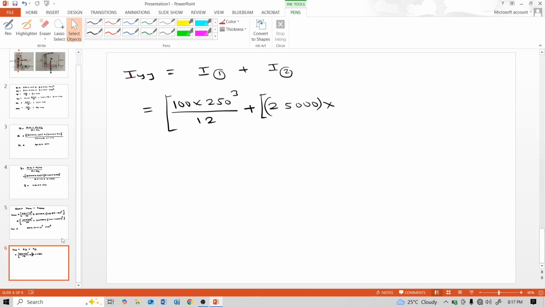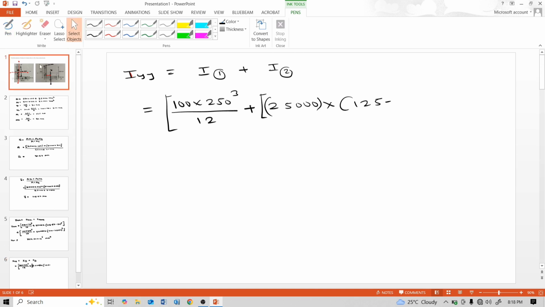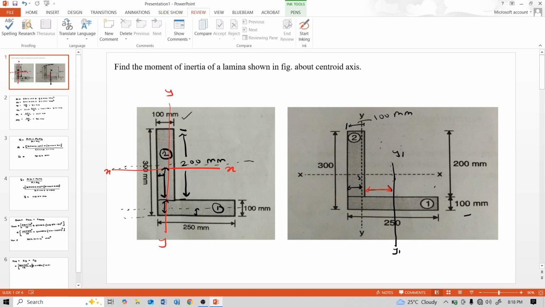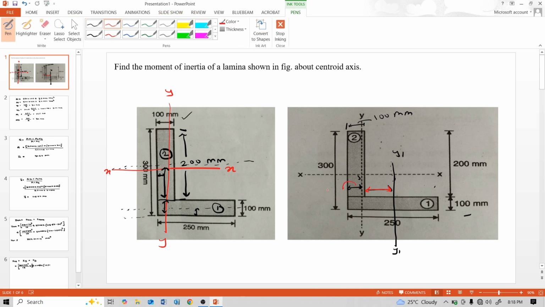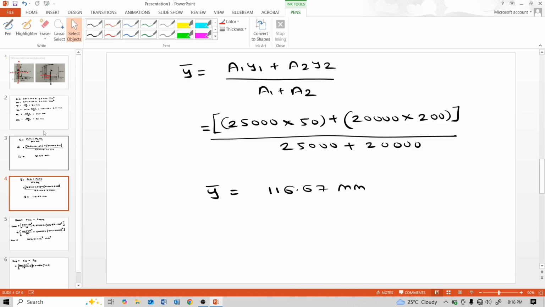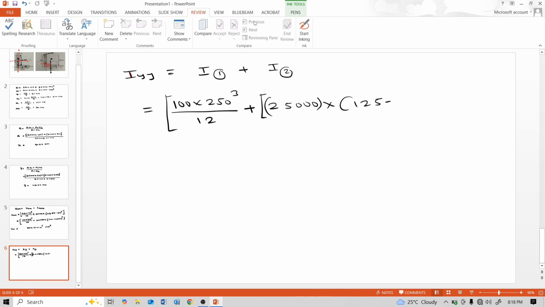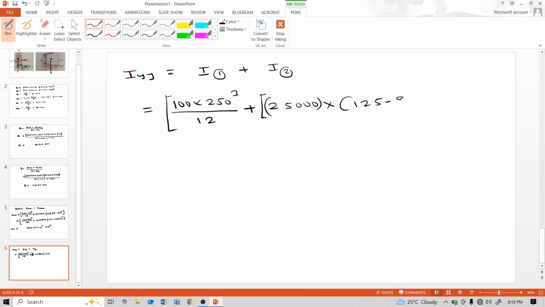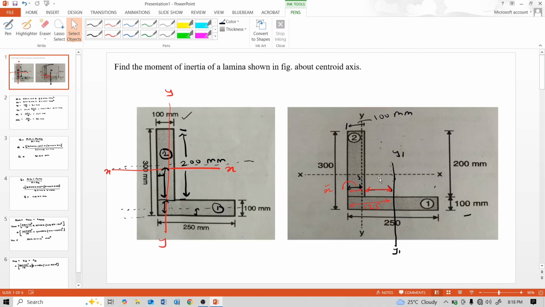X bar is 91.67. So 125 minus 91.67, and the square of this distance for the parallel axis theorem.